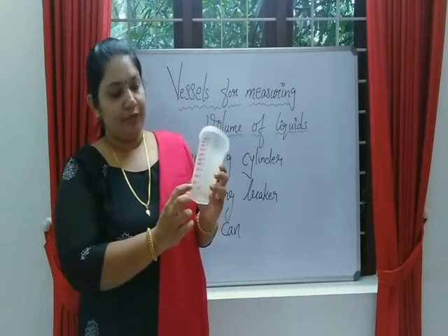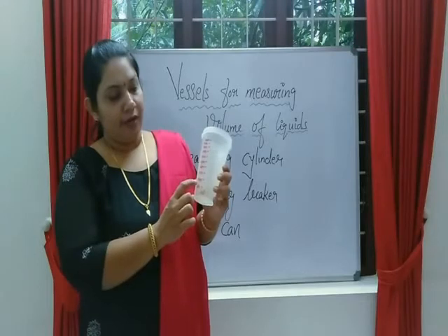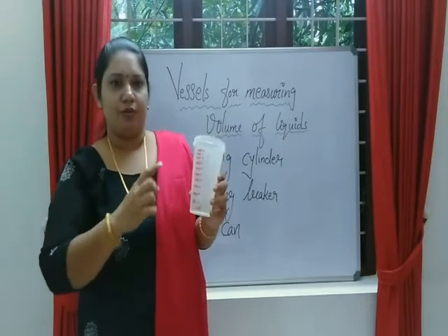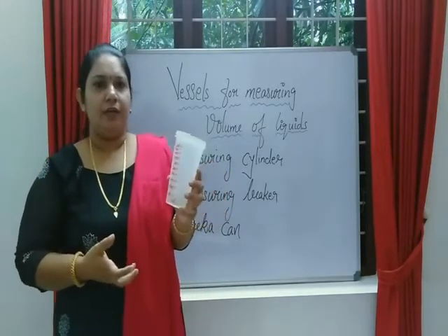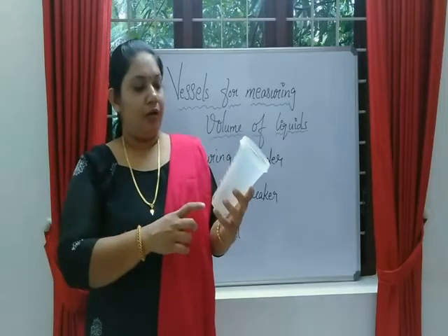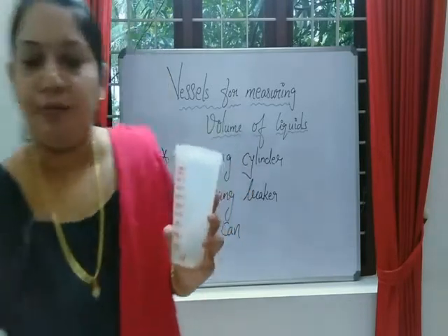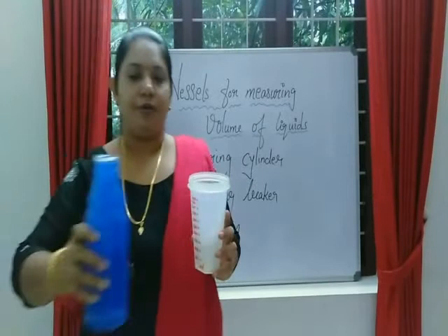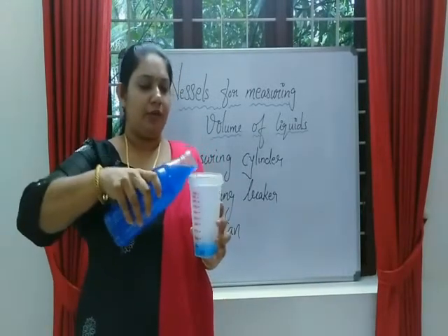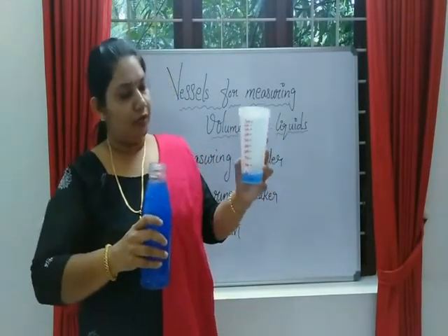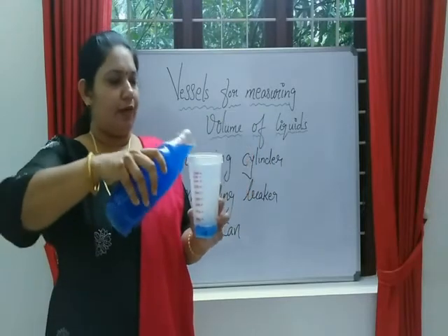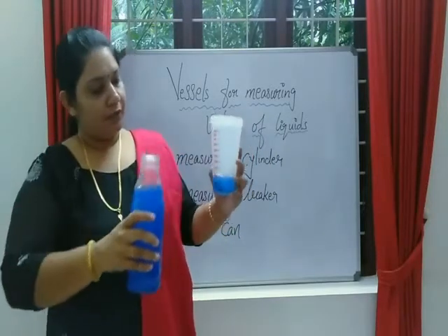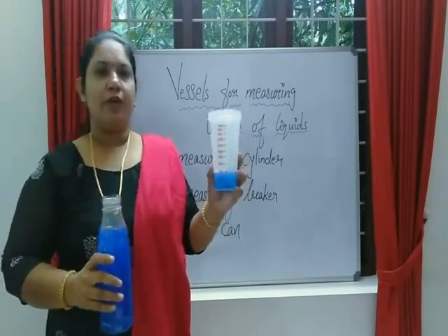So here you can see 50 ml, 100 ml, 150, 200, and so on. If you want to take a liquid of 100 ml, we have to pour it into this measuring cylinder up to the required value.